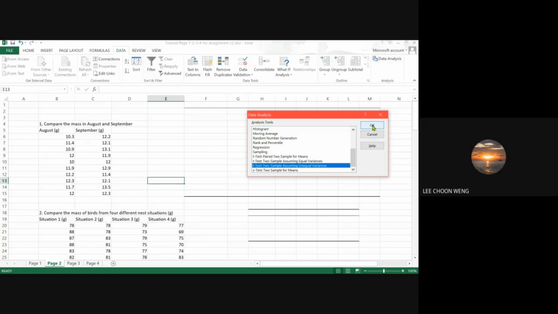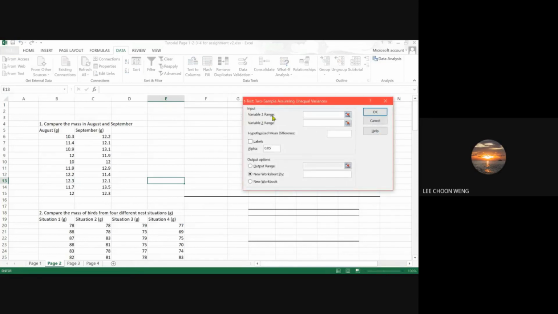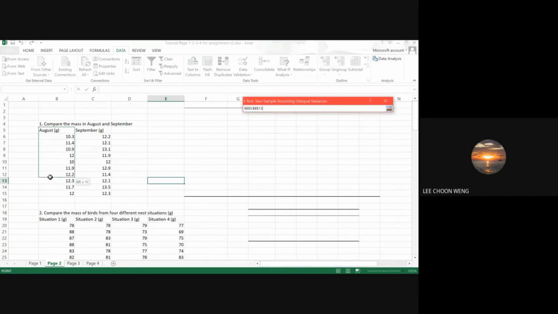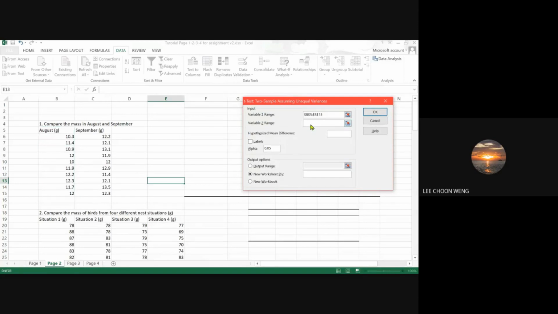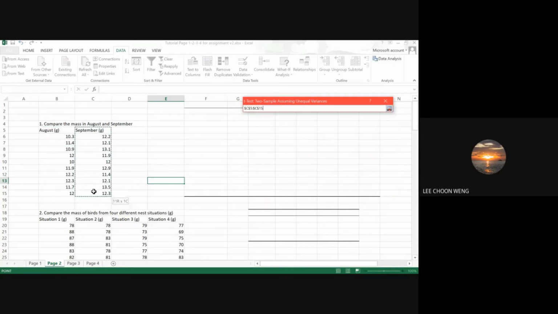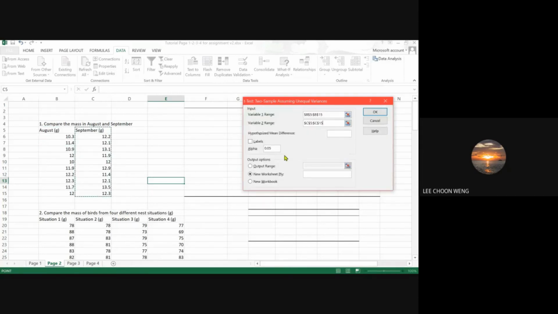Click OK. So variable 1 will be here. Variable 2 will be here, right? Label, because you highlighted the label together, so you click here. Yes, the label is inside.